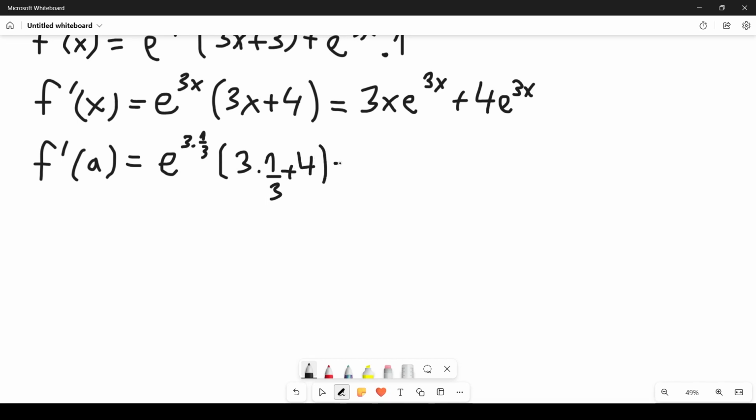And now we can just write that this is e times those 3's just going to delete themselves, so we have just 1 here plus 4 is equal to 5, and that is 5e. And so we know that the derivative of the function, when x is 1/3, is 5e, which is good.